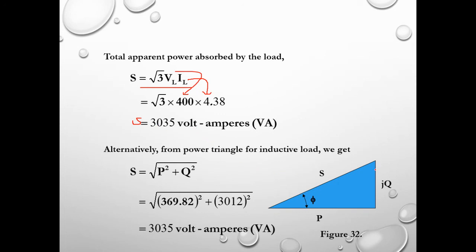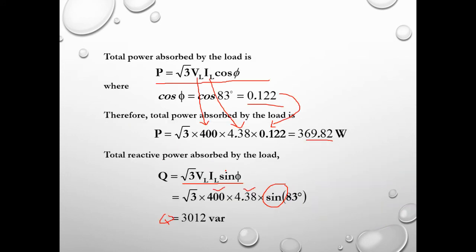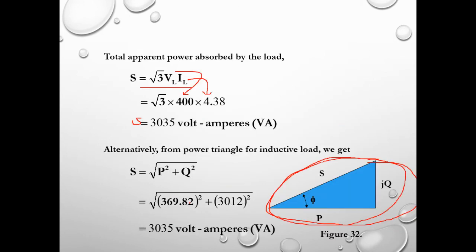Alternatively, remember the power triangle: S equals square root P squared plus Q squared. Take the values of P and Q from here, and we get the apparent power absorbed by the load equal to 3035 volt amperes.